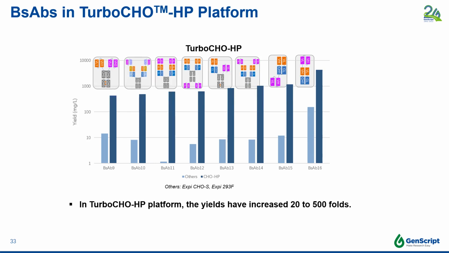And in TurboCHO HP platform, a stable expression system, the expression yield is even higher. As shown in the picture, the yield has increased 20 to 500-fold. If you are looking for an expression system for a BsAb, or you have a gram-level antibody expression requirement, our Turbo platform is a good choice.